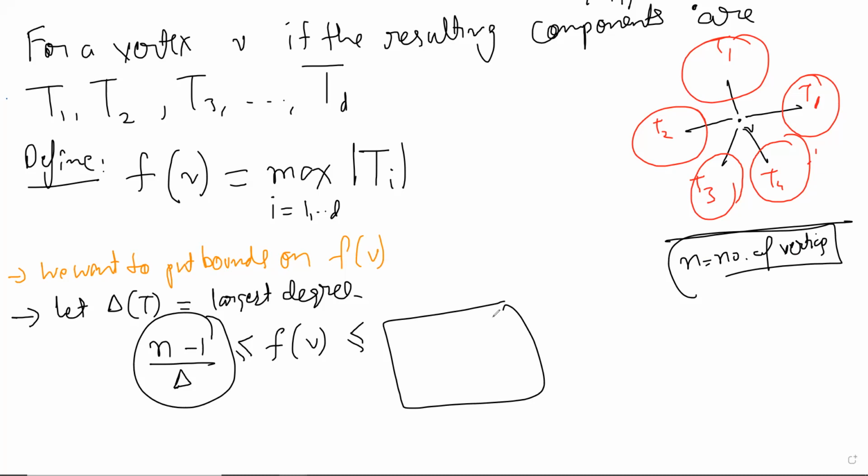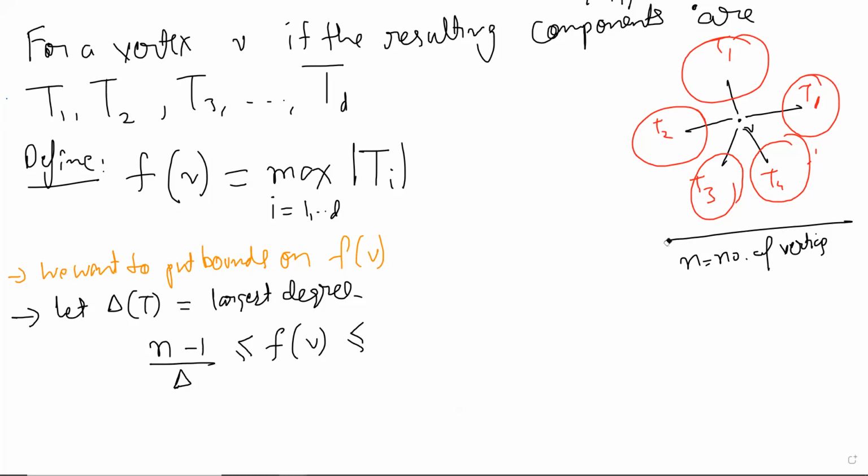If it's a large enough graph, there will be a vertex which I can remove, and you can say things about the largest size. That is how it will be useful. It's an important function to understand. So let's first just prove the lower bound.